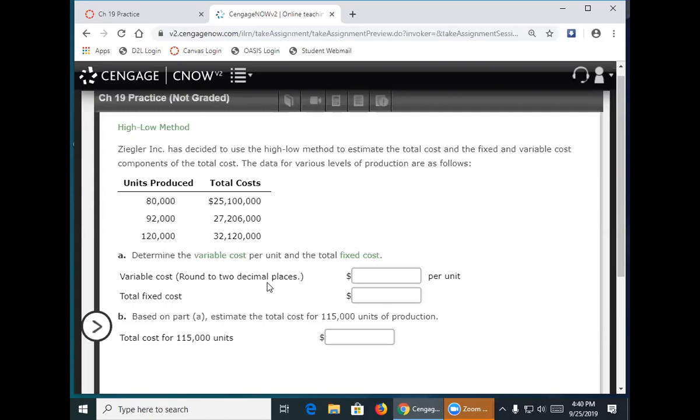That is our variable unit cost, $175.50.